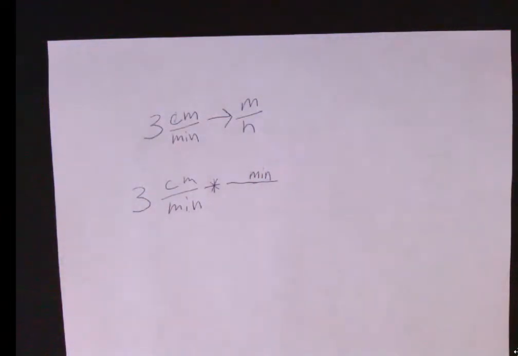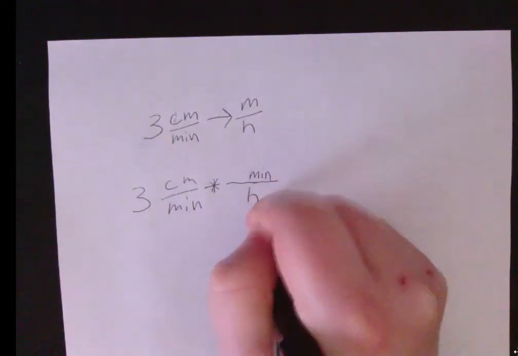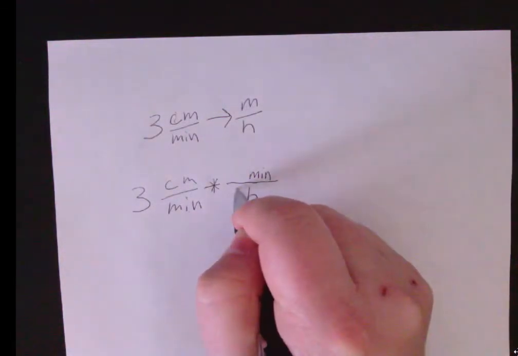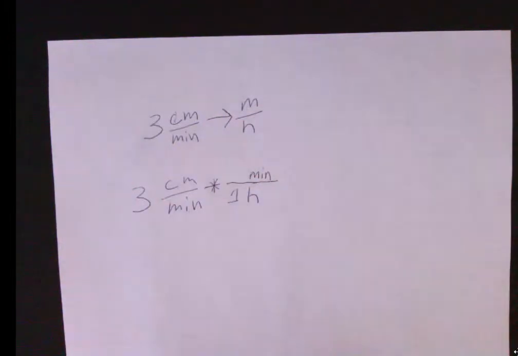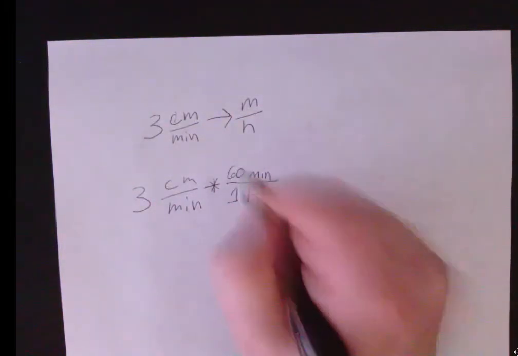But then what do we want as our time unit? Well, we want hours. So I'm going to put in hours. But now, those are just the units. Those are not the numbers. We have to put the numbers in as well. And what I can do here is put, for 1 hour, there's 60 minutes.